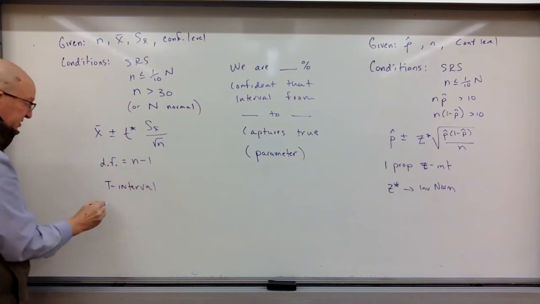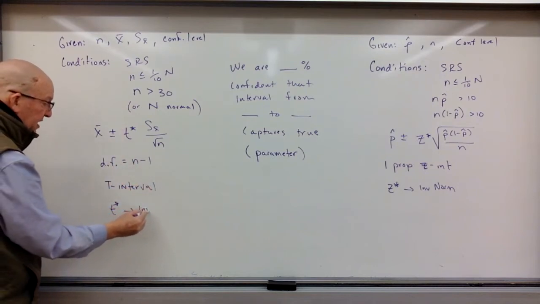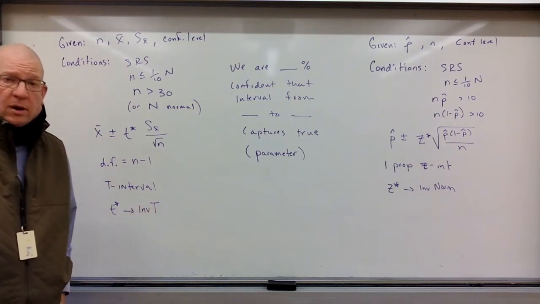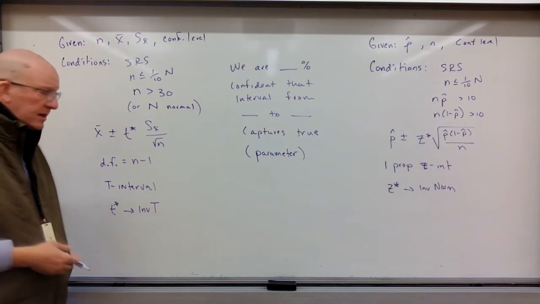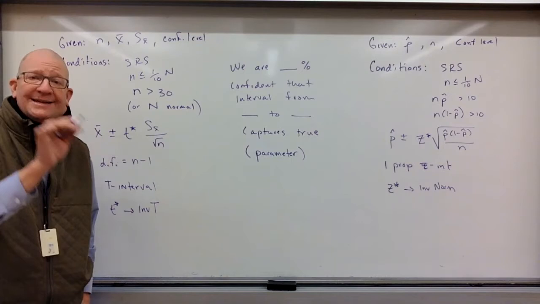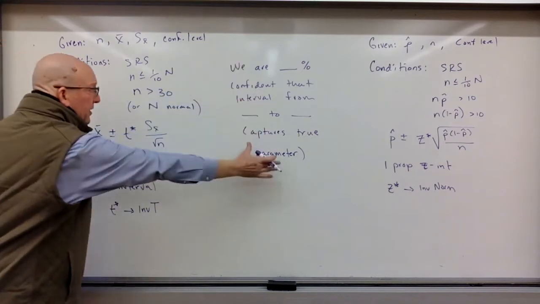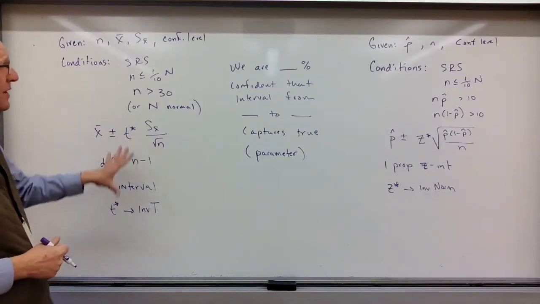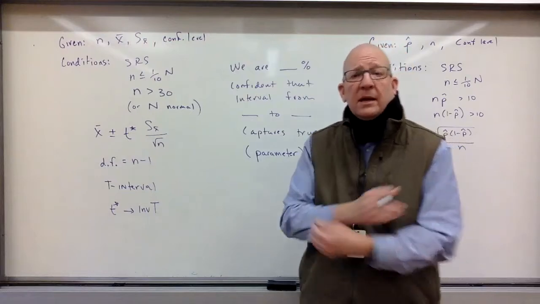And of course, our t star comes from the inverse t, which is right on your second distr menu. The t interval and the one prop z, they both come from the stat tests menu. And then this is all the same. So this is how we set up a confidence interval for a mean.